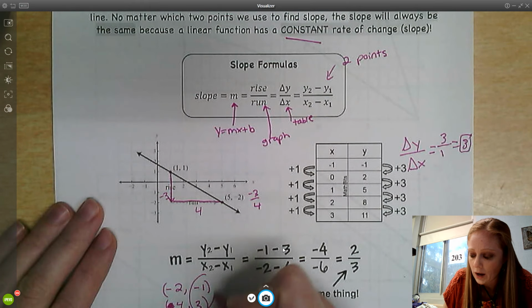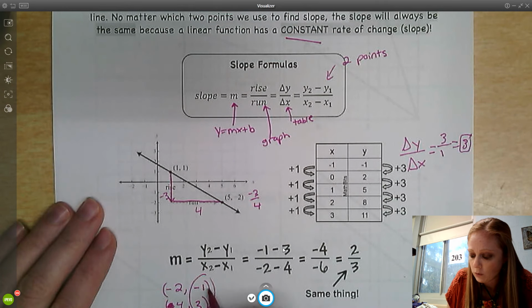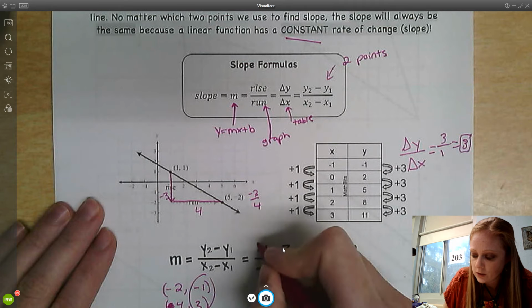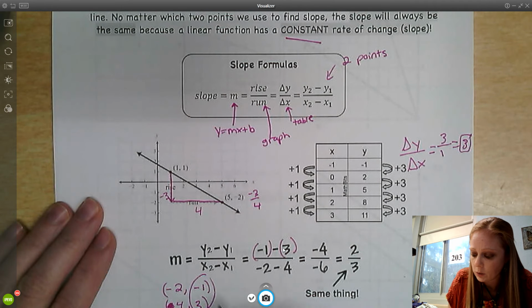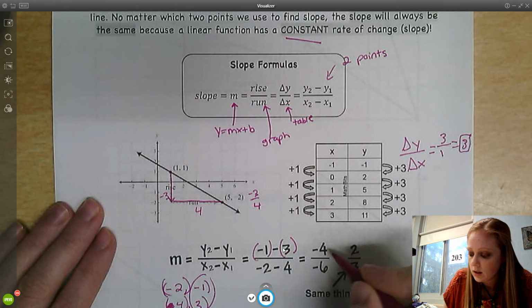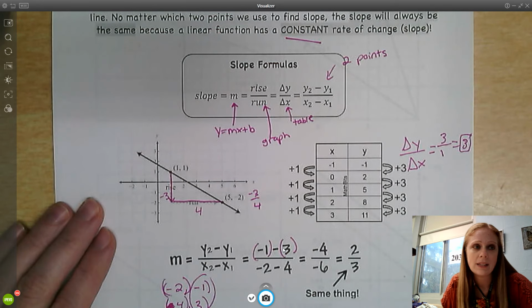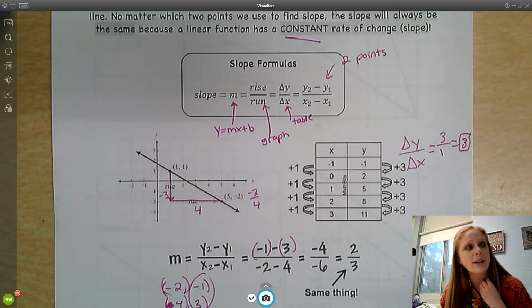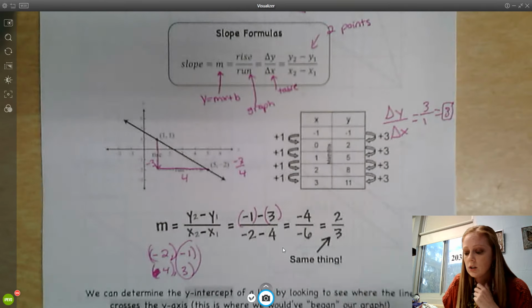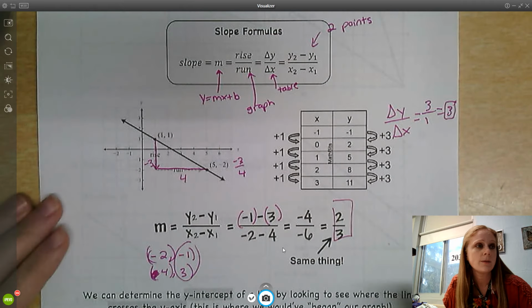So here are our y's. So you'll see they're doing negative 1 minus 3. This is the first coordinate. This is the second one. Negative 1 minus the 3. And then we have a negative 2 minus a 4. Get negative 4 over negative 6. And if you do negative 4 divided by negative 6, you'd get 2/3. So this is our slope for 2 points.